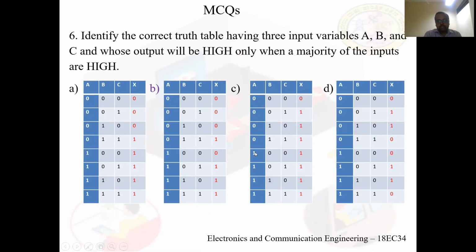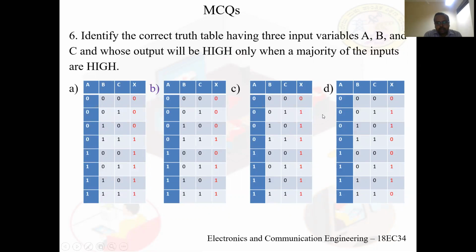See that condition in which table we have it. You can see here it is 1 1 and 1 1 and 1, this is equal to 1, and when all the three inputs are 1, it is equal to 1, right? So the correct table for the given problem is C here.